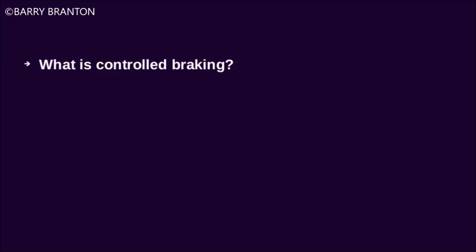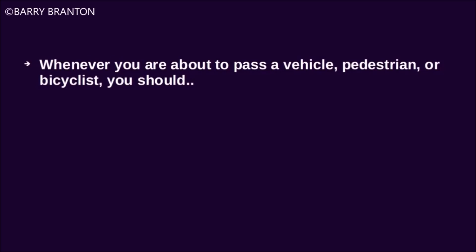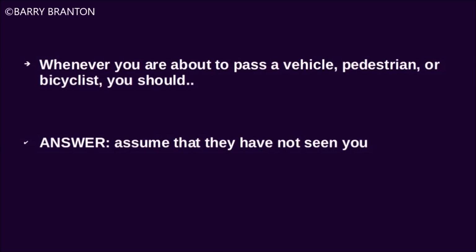What is controlled braking? It's applying the brakes as hard as you can without locking the wheels. Whenever you are about to pass a vehicle, pedestrian, or cyclist, you should assume that they have not seen you.